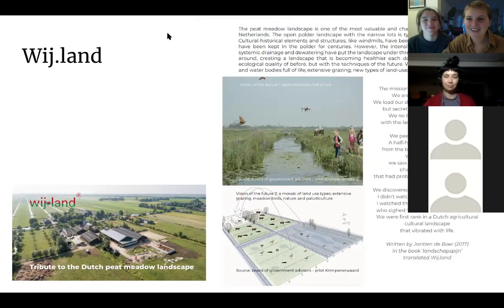So the mission of the time was successful. We're not hungry anymore. We load our shopping carts for little money, but secretly we pay a different price. We no longer feel a connection with the landscape that surrounds us. We peered across the country. A half-heavy Van Nelle dangled from the bird connoisseur's lower lip. We saw lapwings.